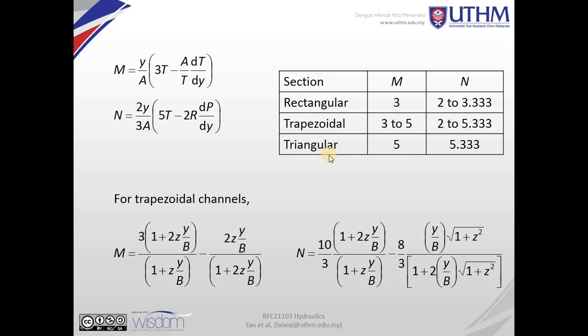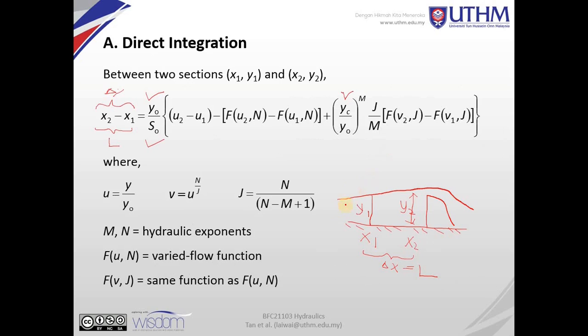So for m, by default the value is 5, and for n, the default value is 5.33, and these two should be substituted in the J formula to obtain the J value. The n value from the design chart also applies the same procedure.